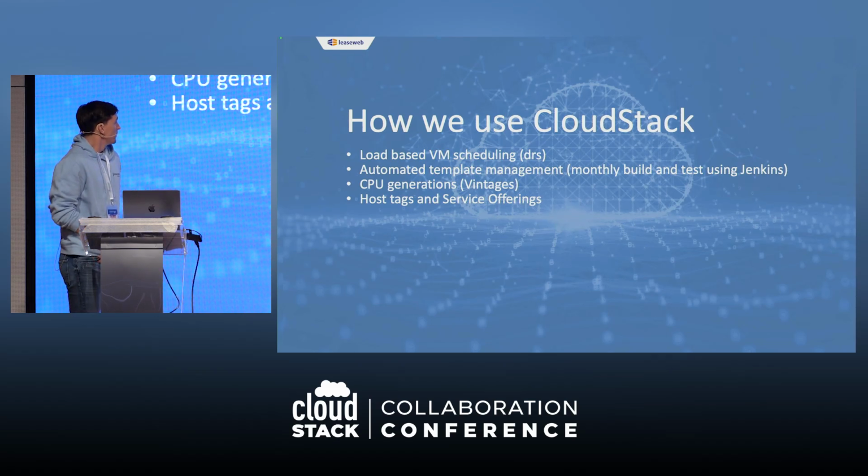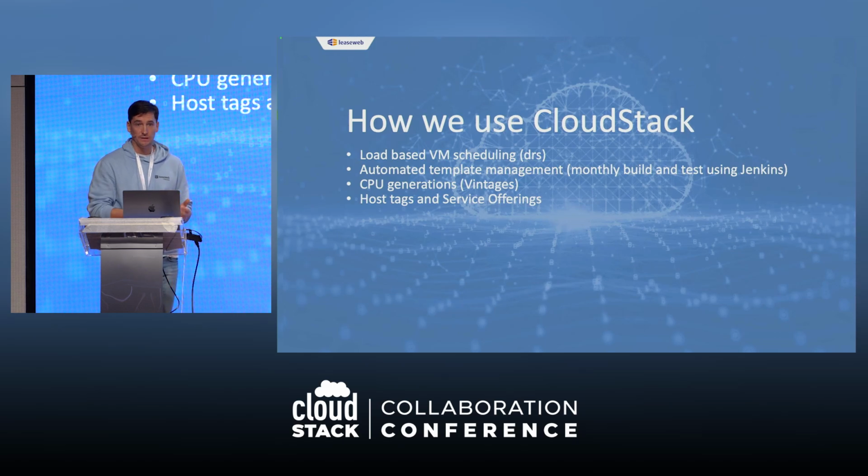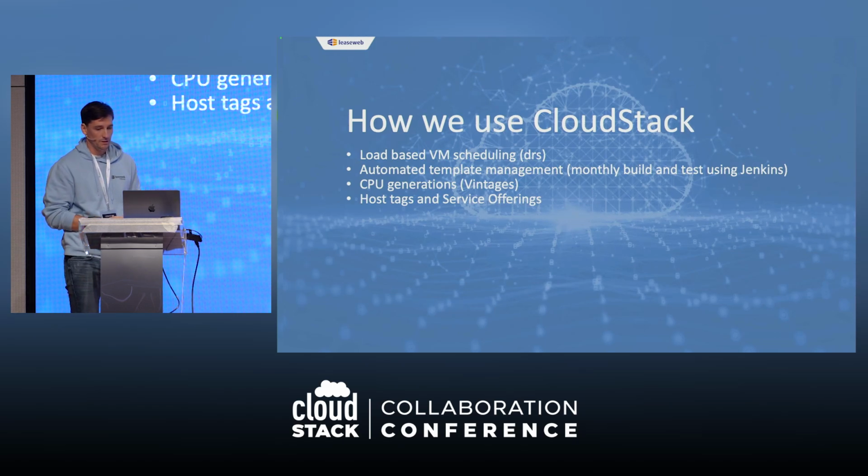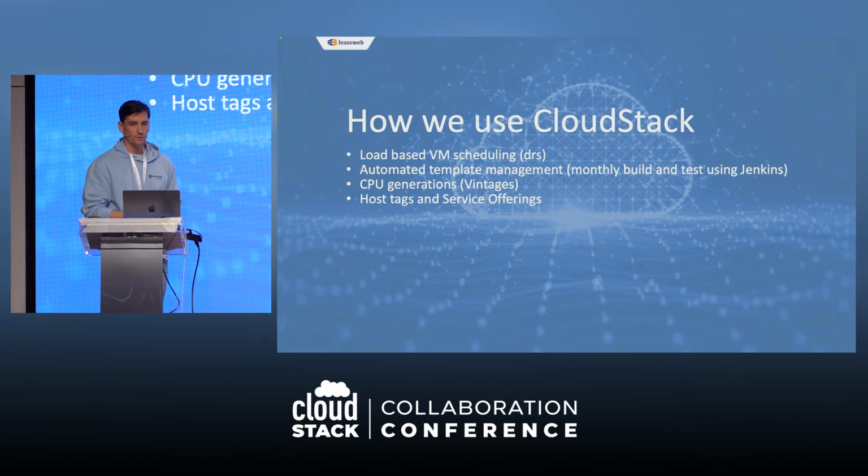We try to create this offering which aligns with what AWS has with the different vintages, and also allows us to differentiate in pricing. So, as I mentioned, at our core, we are a dedicated server hosting provider, so we have a bunch of dedicated servers, but also older machines.